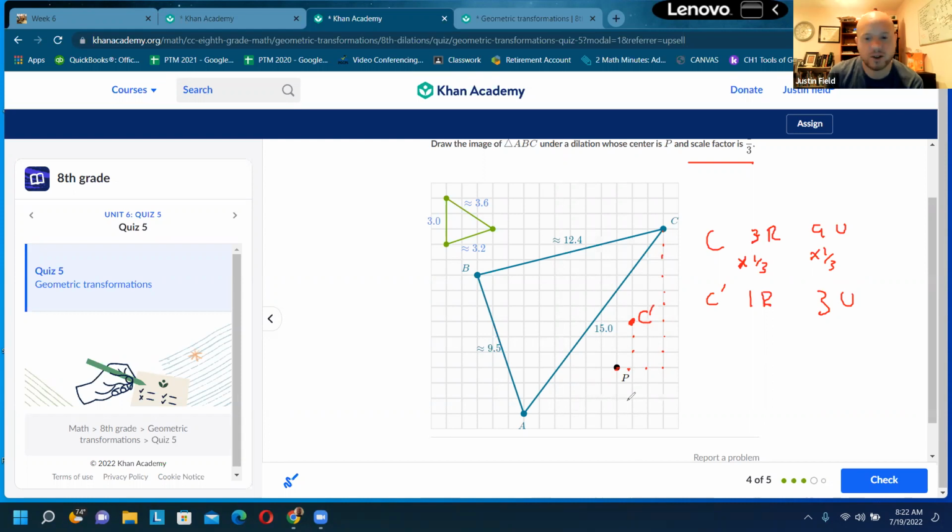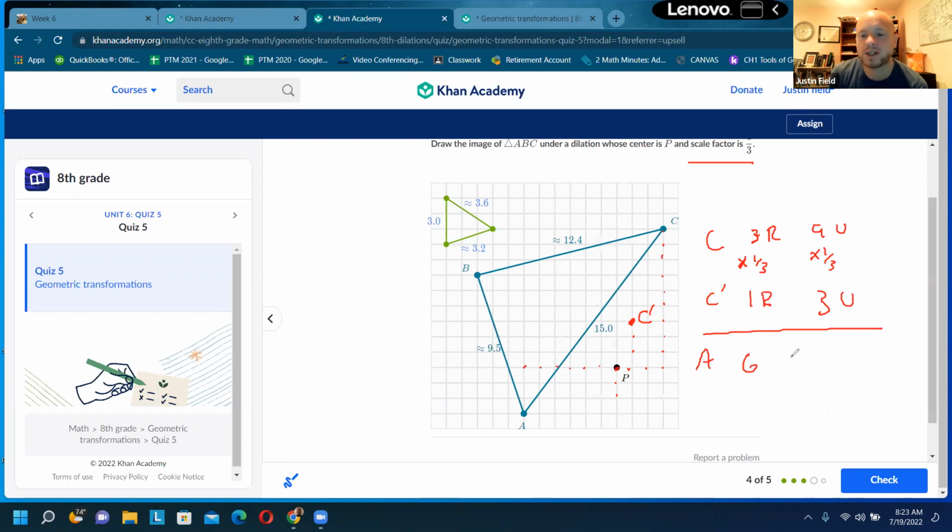Now we're going to do the same thing with A and B. That may have seemed a little mysterious, but now we're going to do the exact same process with A. Start at my center and figure out where I go to get to A. Left, right: 1, 2, 3, 4, 5, 6.